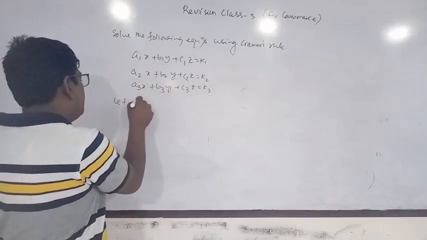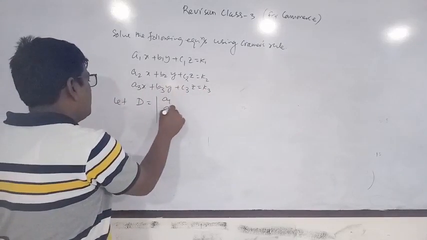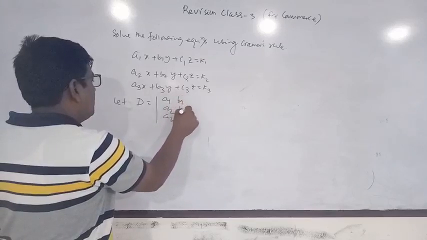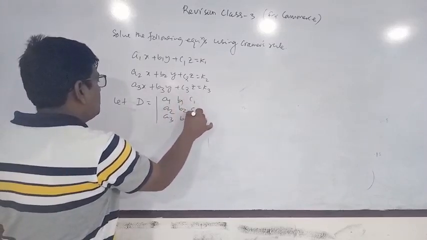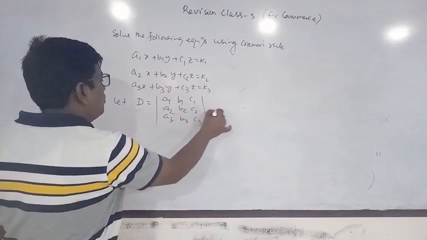Similarly, let D be the determinant with rows a1, a2, a3, b1, b2, b3, c1, c2, c3. Find its value.